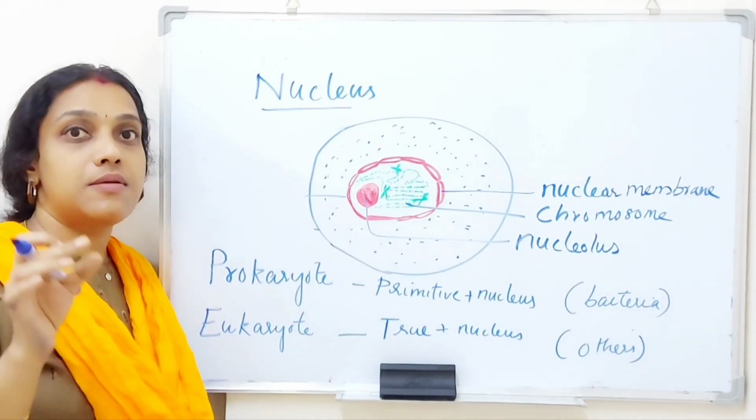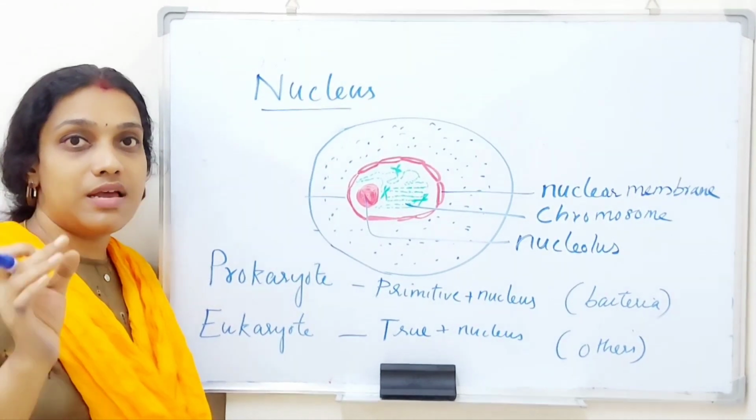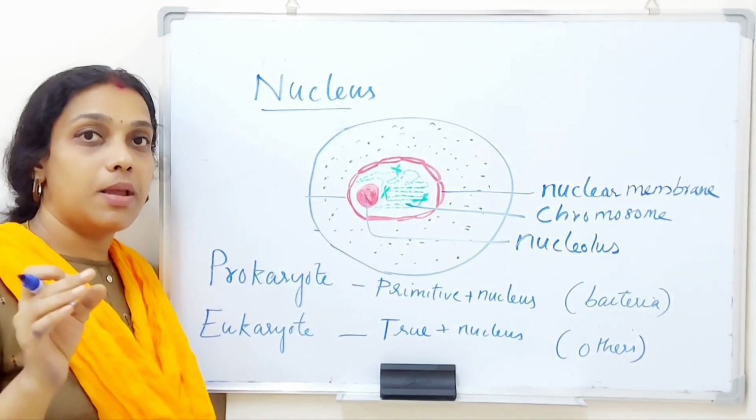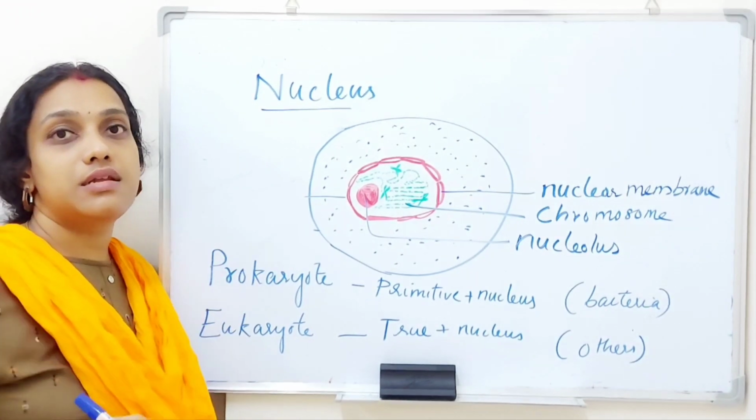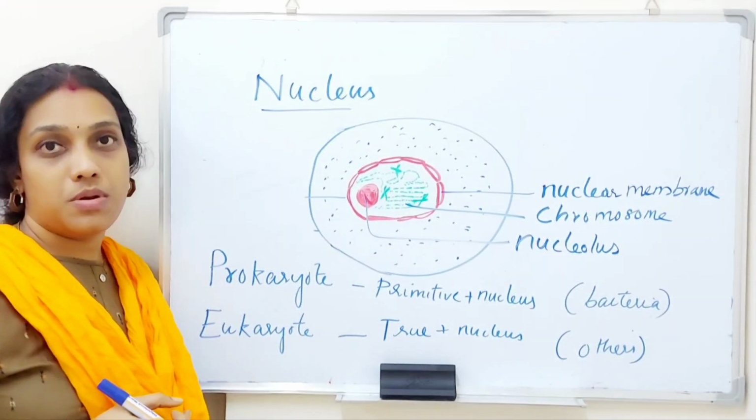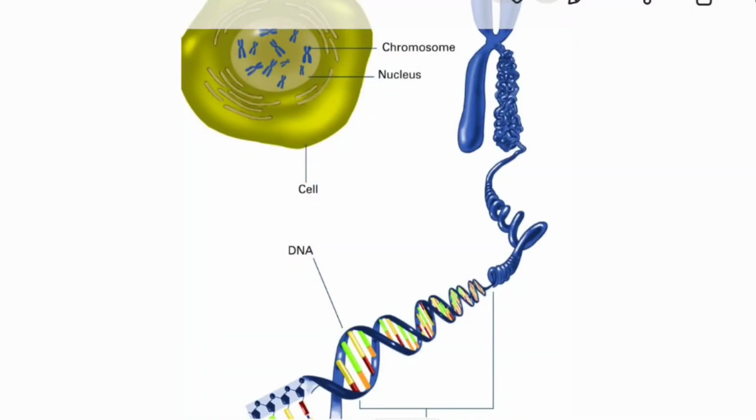So these genes, being the units of inheritance, are located in these chromosomes, and this is the detailed structure of a nucleus. Now in the center we can see blue colored strand-like structures. They are the chromosomes. Chromosomes are thread-like structures on which the units of heredity, that is genes, are located. Now what is a gene?